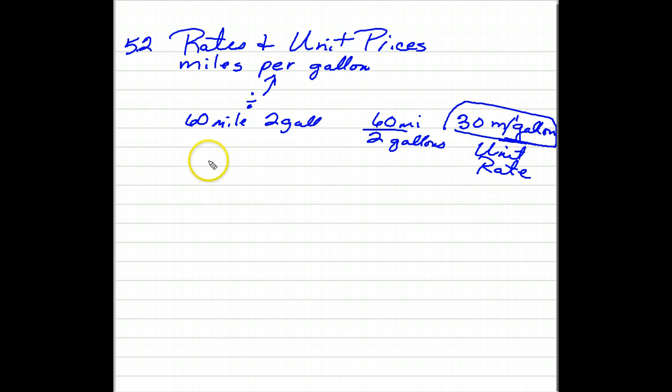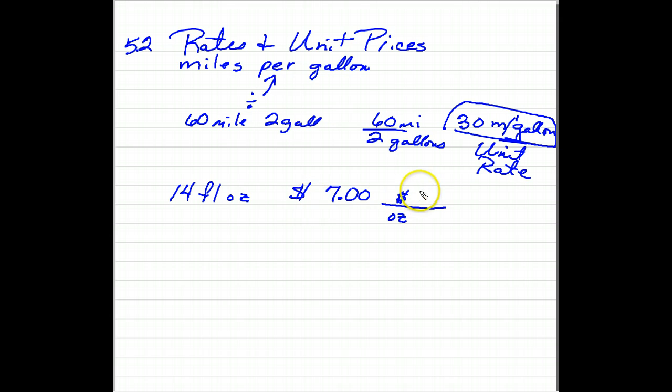Okay, if you were doing to find the unit price for like shampoo, and it said there was 14 fluid ounces and the price was $7. Okay, what you would want is the unit price. You would want to know how much did it cost for every unit, for every ounce.